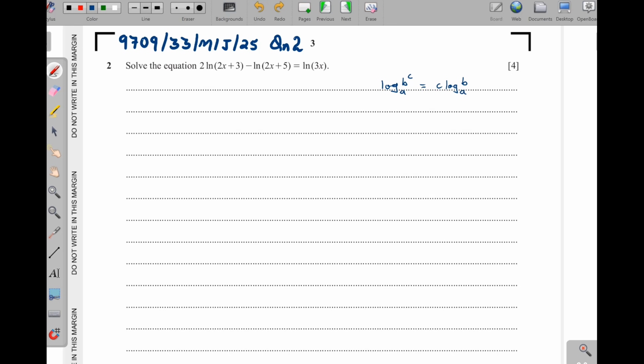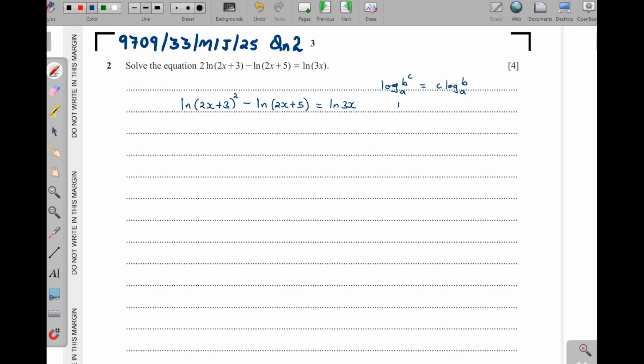That means we are going to have natural log of 2x plus 3 squared, then minus the natural log of 2x plus 5, which is equal to natural log of 3x. When they set a question in logarithms, they are only testing for the rules. Do you know how to apply them?